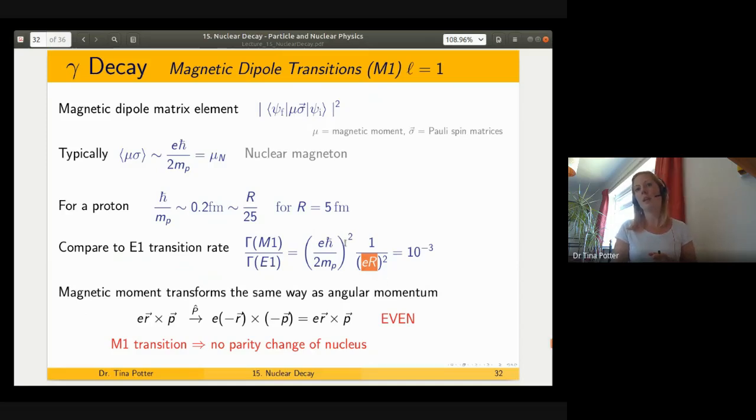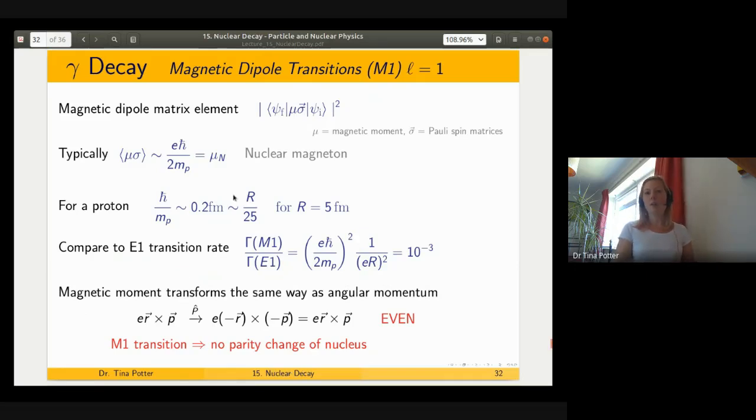So we compare these rates, we normalize one to the other, and we should have roughly an order of 10 to the 3 between them, 3 orders of magnitude. So these magnetic dipole transitions will take about 1,000 times longer to happen than the electric dipole transitions. They're slower. Their decay rates are about 1,000 times smaller.